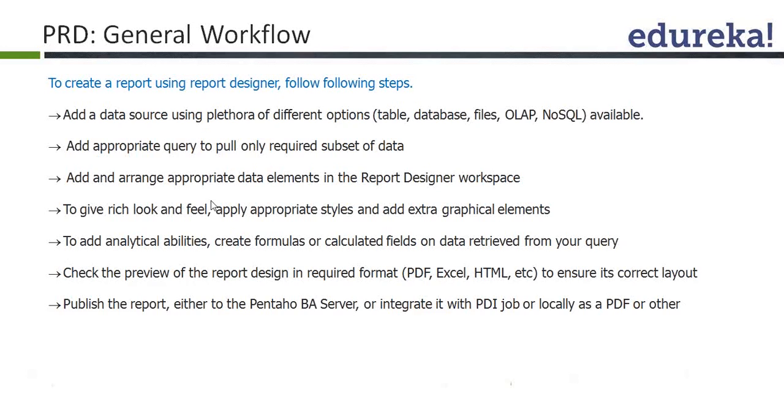Check the preview. Before you run the PDF, actually creating the job, you can check the preview, make sure it is coming up properly, and then you can go for generating the report, because generating a report has more overhead than seeing a preview.